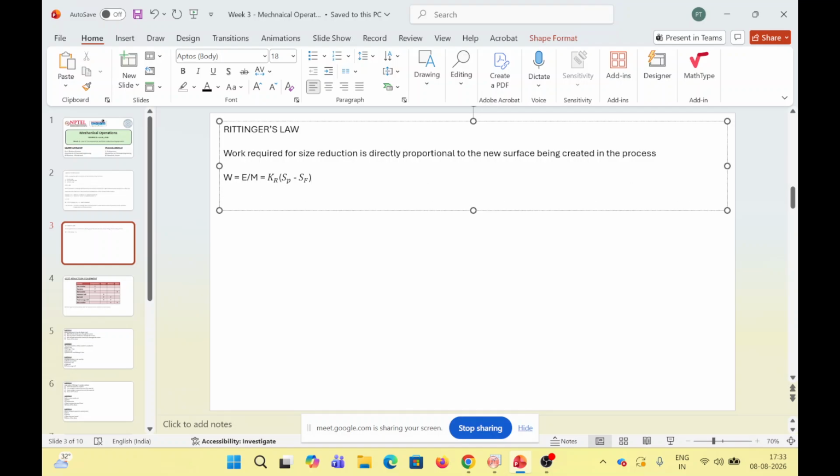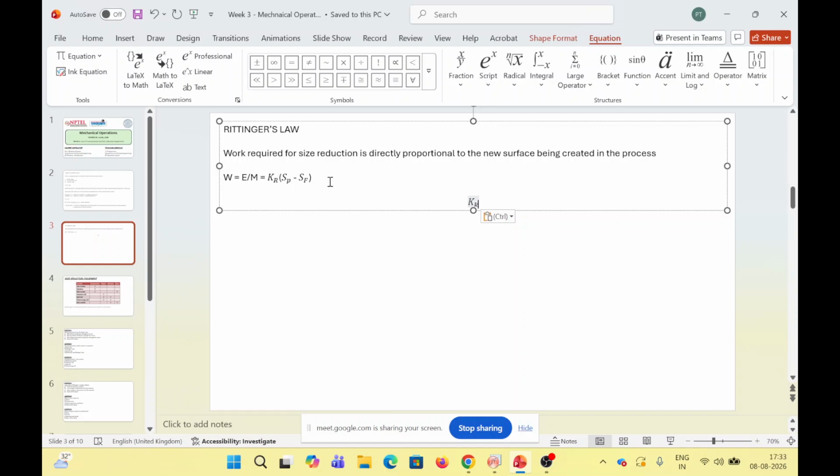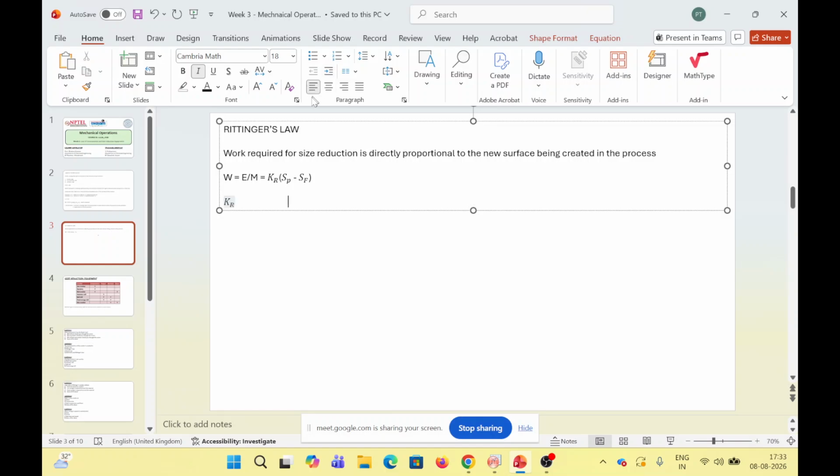So K_R is the same as Kick's constant; this is called Rittinger's constant.